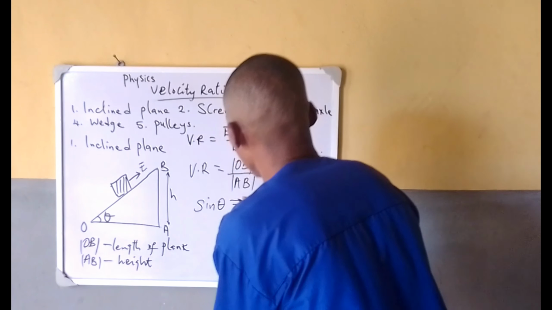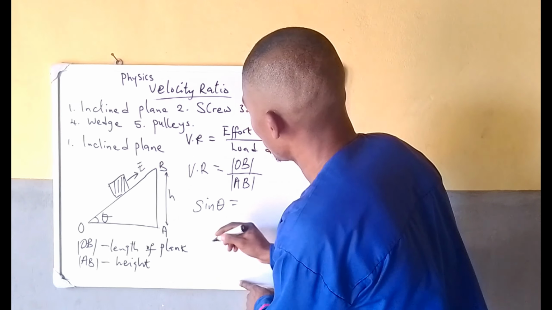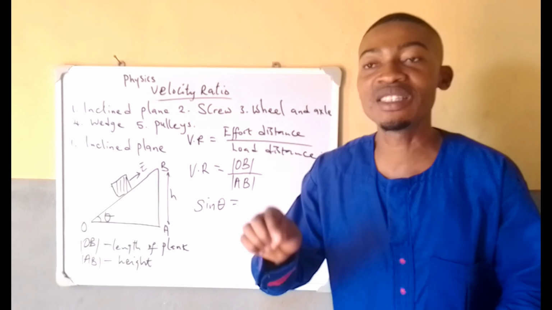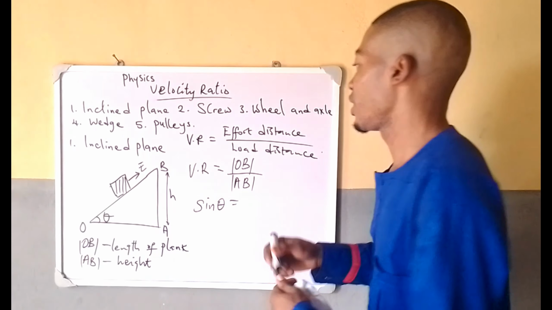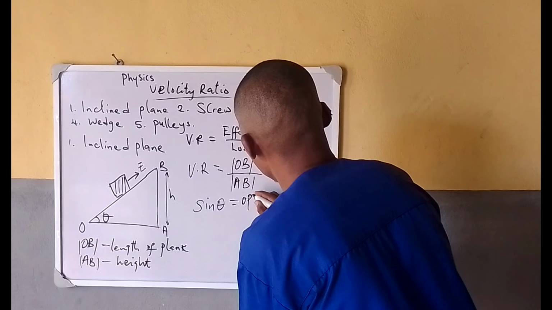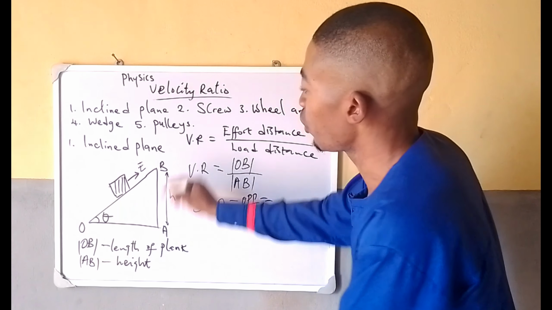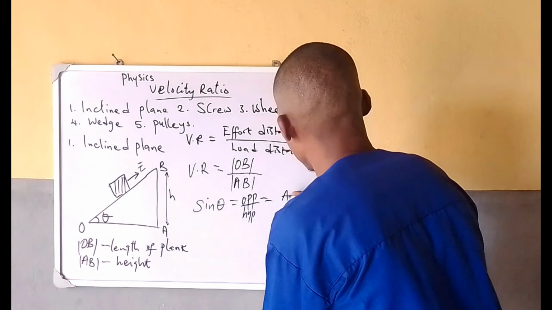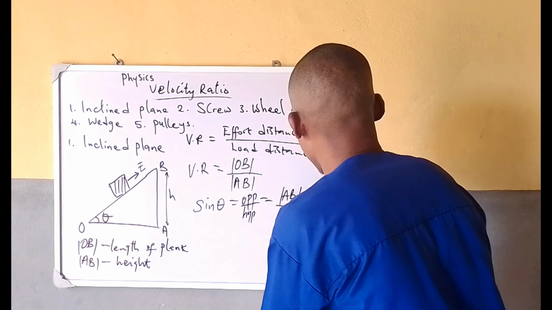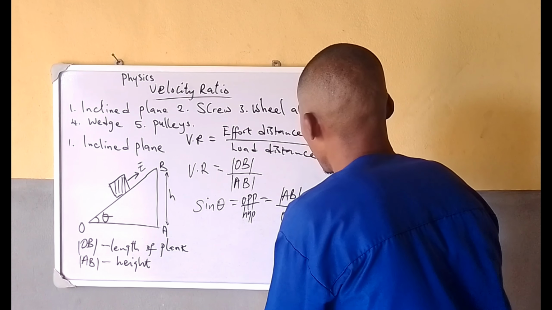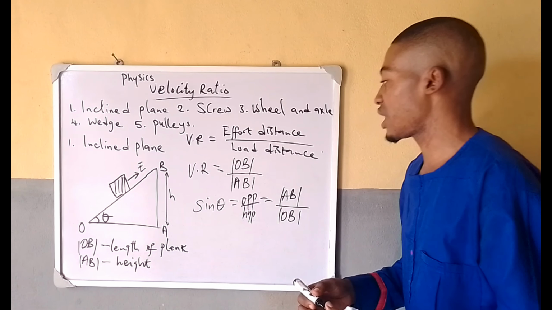So we take sine theta to be equal to opposite over hypotenuse, according to trig ratio. What is the opposite here? Opposite is AB, divided by OB. Hypotenuse is OB, which is the length of the plank.